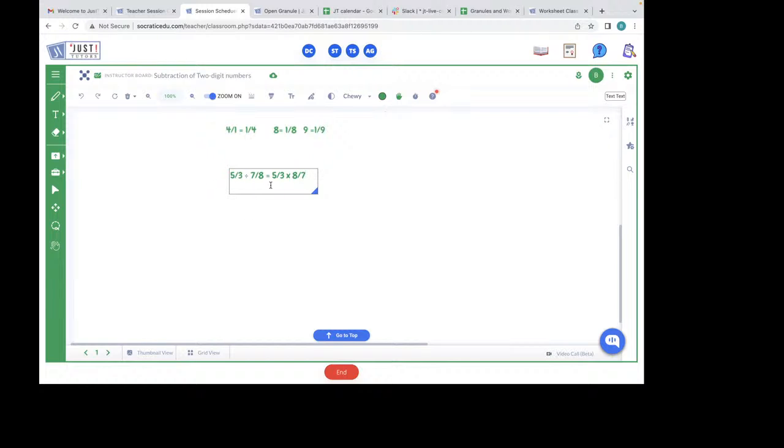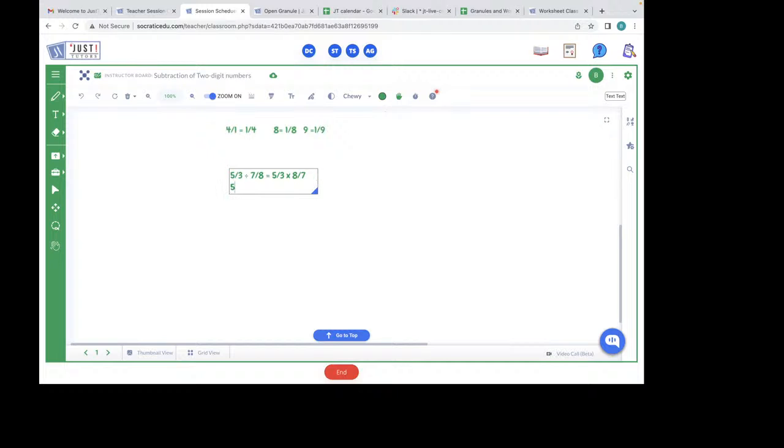Okay, and see what I have done is I have changed this division sign into the multiplication one here. You can see it. जब मैंने इसका रेसिप्रोकल किया तो मैंने जो डिवीजन साइन है उसको मल्टीप्लिकेशन साइन में कन्वर्ट कर दिया. ओके, एंड नाउ यू कैन सिंपली मल्टीप्लाई दीज टू.